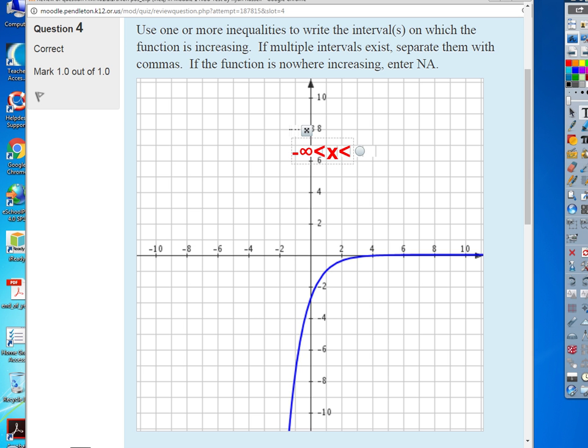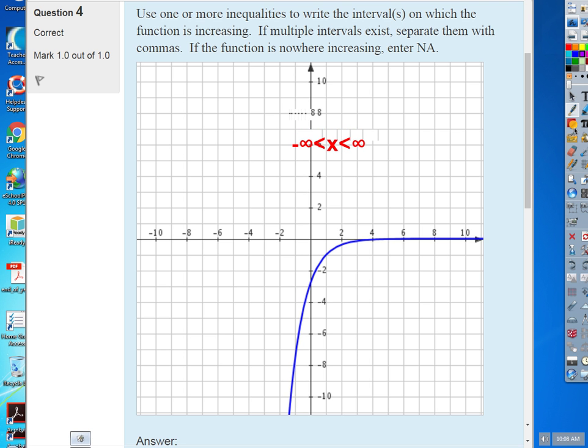Now, what if the question instead asked where the function were decreasing? If this word said decreasing instead, is it decreasing anywhere? If it's always increasing, it's nowhere decreasing, and so the answer just would have been NA.